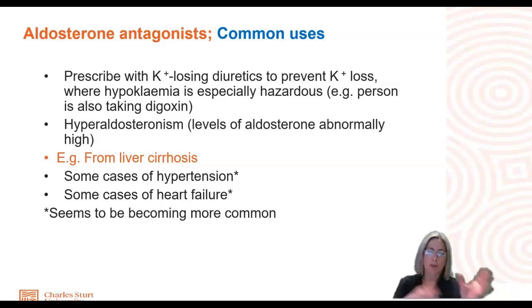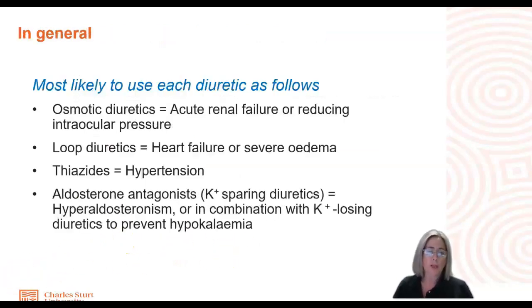But as well, you would get excessive potassium secretion as well to cause hypokalemia. So that's where these drugs would be useful. They're also used for some cases of hypertension and some cases of heart failure, and this seems to be becoming more common now.